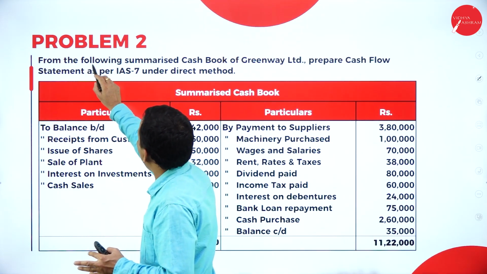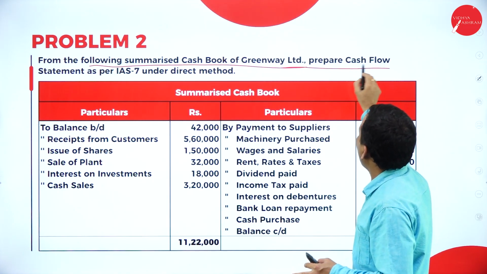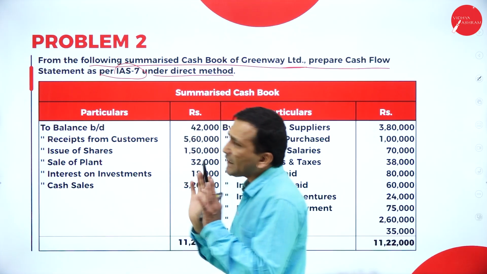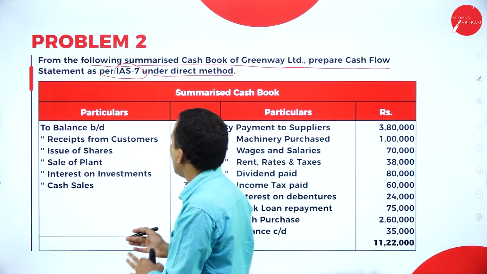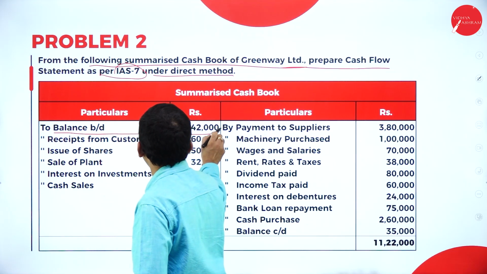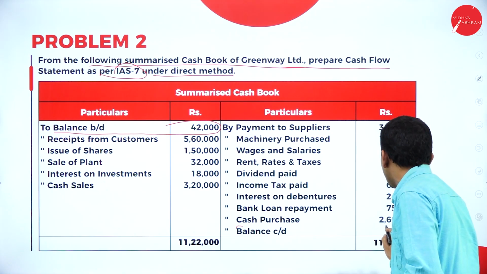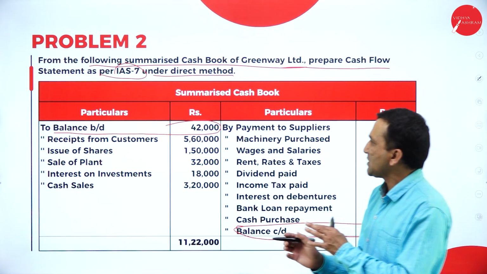Here the question: from the following summarized cash flow, Greenway Limited prepare the cash flow statement as per Indian Accounting Standard under the direct method only. In the question it is clearly given: the opening cash balance is 42,000 and the closing cash balance is 35,000. You must remember this when the final format is completed.